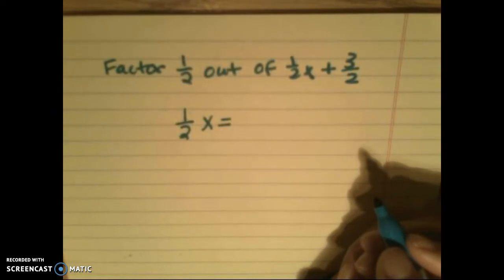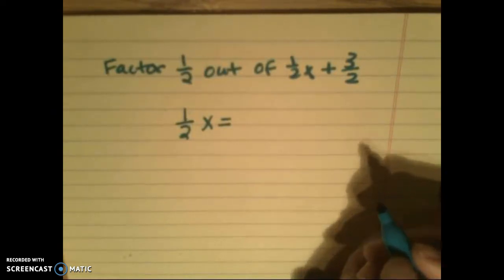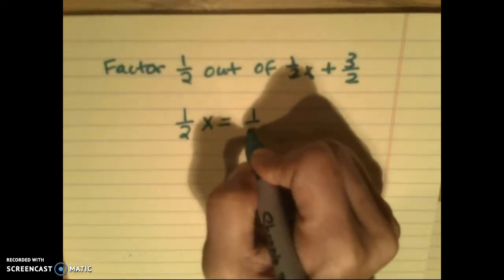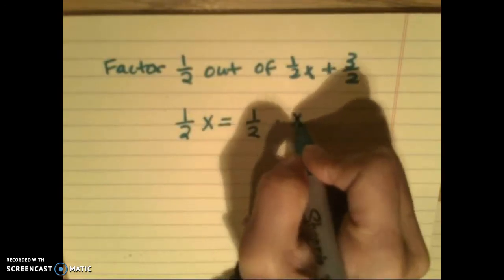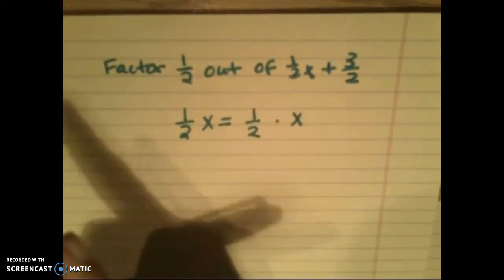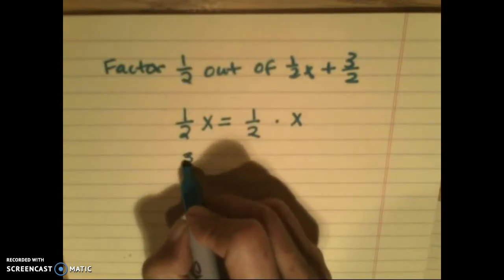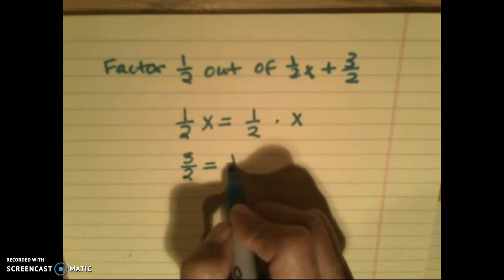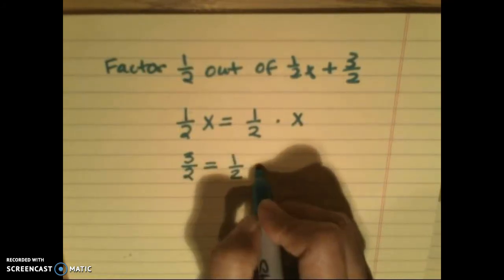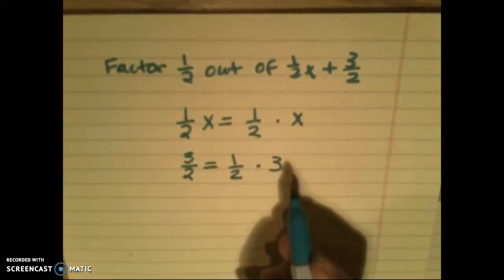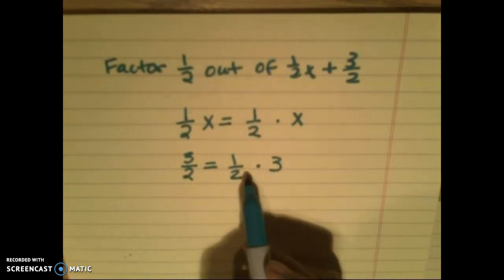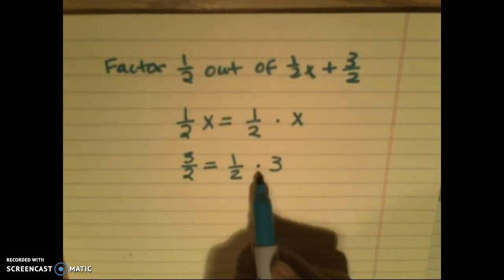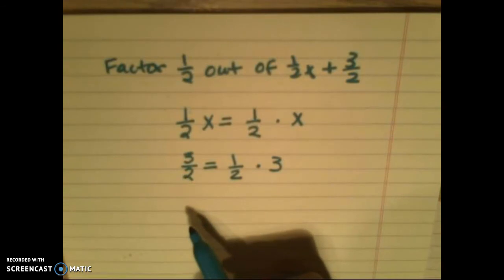It's basically saying half times x. And for 3 over 2, if I want to factor this out, 3 over 2 is half times 3, or 3 over 1. 3 over 1 is the same as 3, and that would give me 3 over 2.